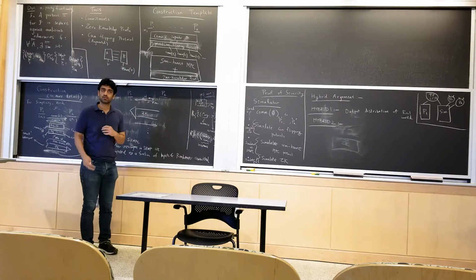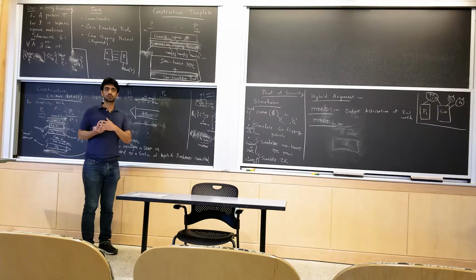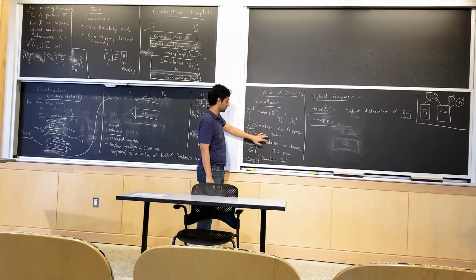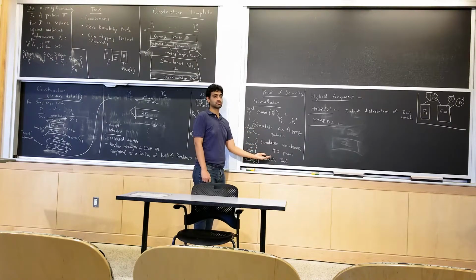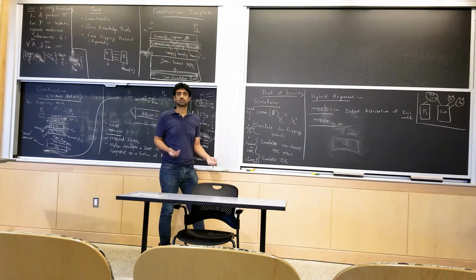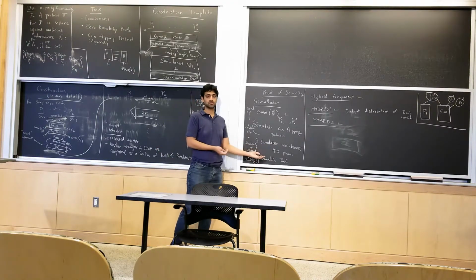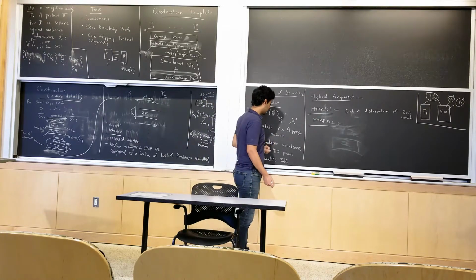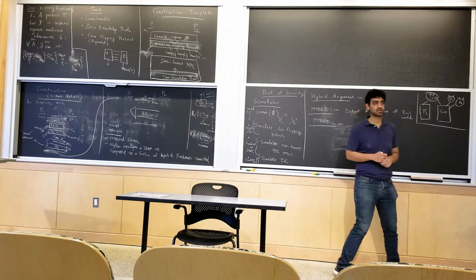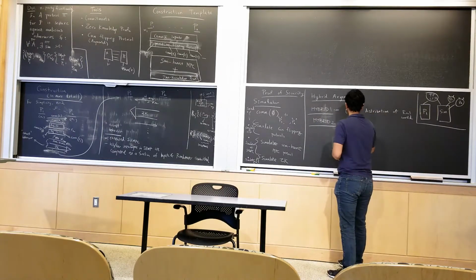So what do we do? We can't invoke the simulator of coin flipping and semi-honest because zero knowledge is preventing us from doing that. So we'll simulate zero knowledge first. We will use the simulator of the zero knowledge, and then we will simulate the other things.